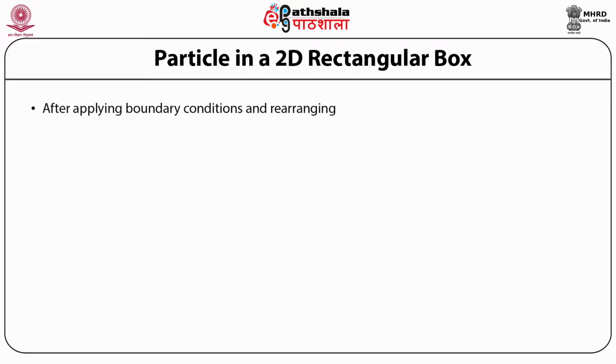Now imposing the boundary conditions, that is the conditions on psi x and psi y at the boundary, we can solve after rearranging for the energies Ex and Ey, that is Ex is equal to nx square h square by 8ma square and Ey is equal to ny square h square by 8mb square.